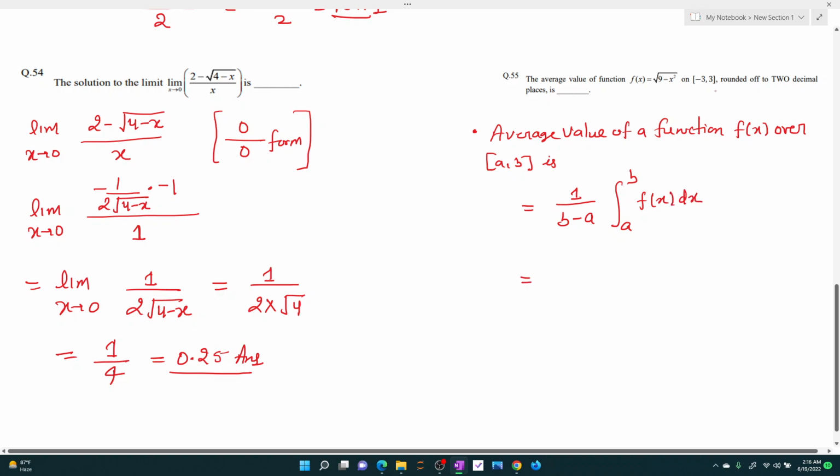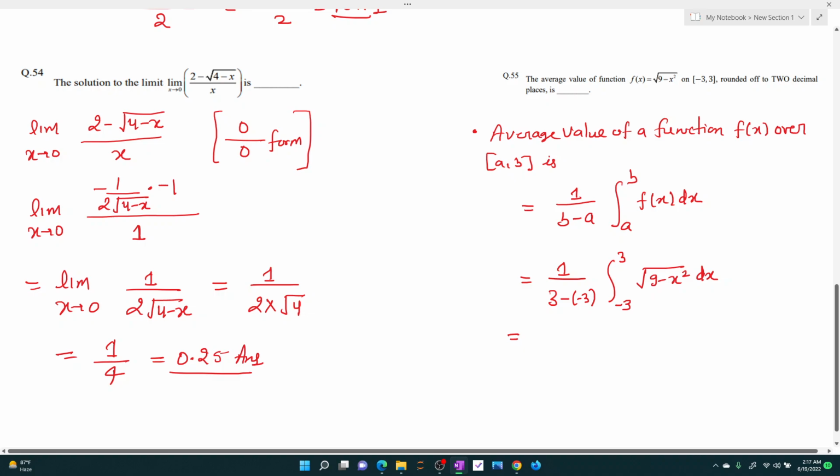So here b is positive 3, a is negative 3, so this will become 1 upon 3 minus negative 3, right? And the integration from negative 3 to positive 3, f(x) is square root of 9 minus x square into dx, right? Now you can see that this square root of 9 minus x square is an even function.